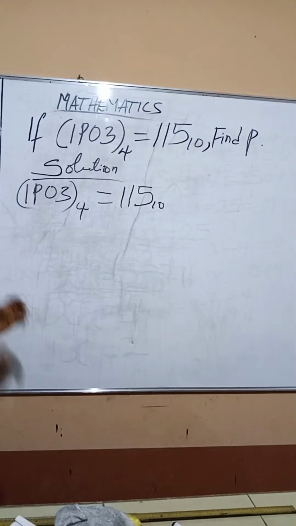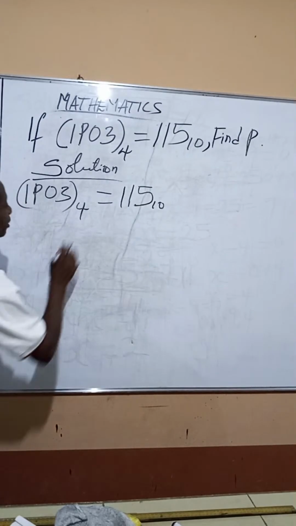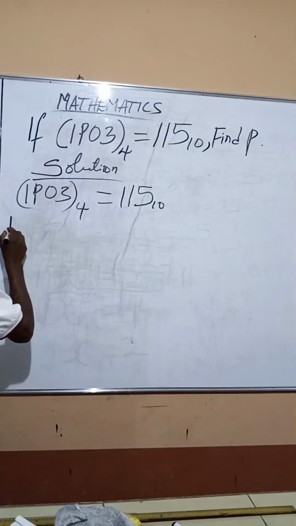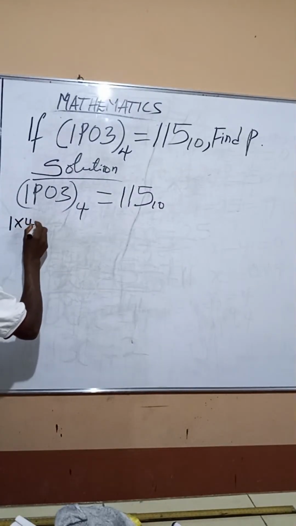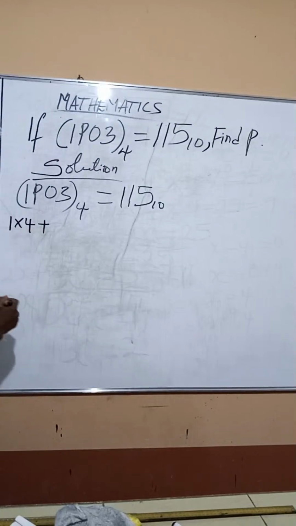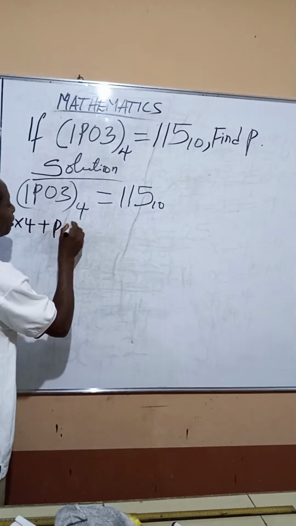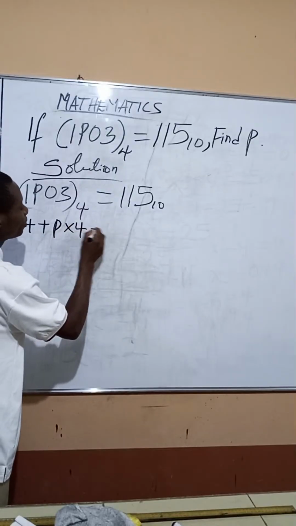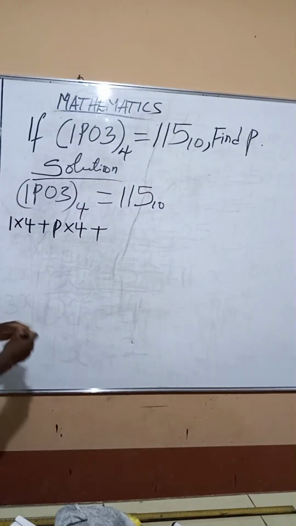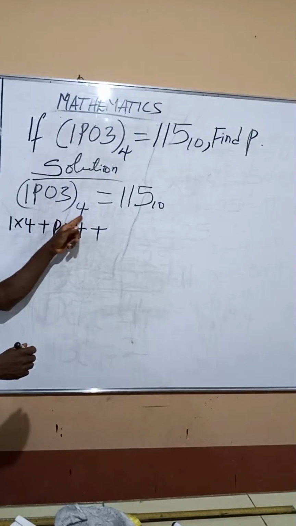We are going to expand the way we did the previous one. This is 1 times 4. This is P times 4. Then plus 0 times 4.